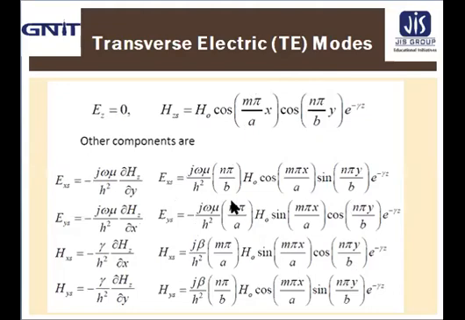Here m equal to 0, 1, 2, 3 and more, and n equal to 0, 1, 2, 3, etc. Now h and gamma are defined as for the TM modes, and m and n denote the number of half cycle variations in the x and y cross section of the waveguide.